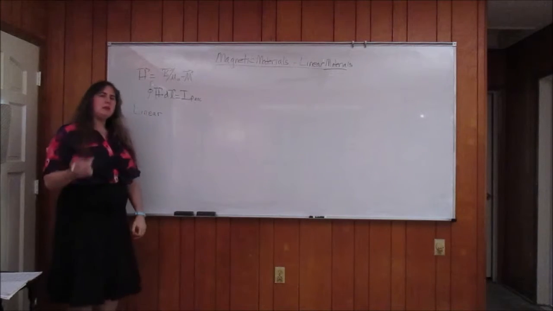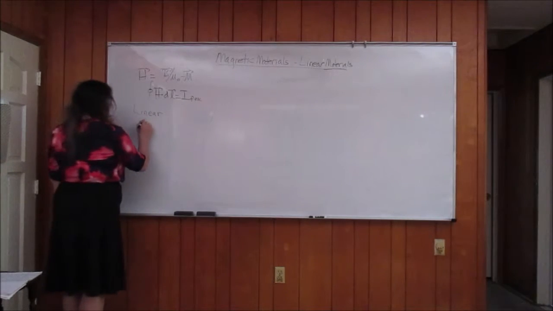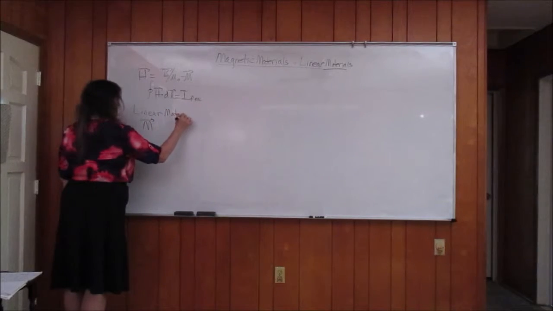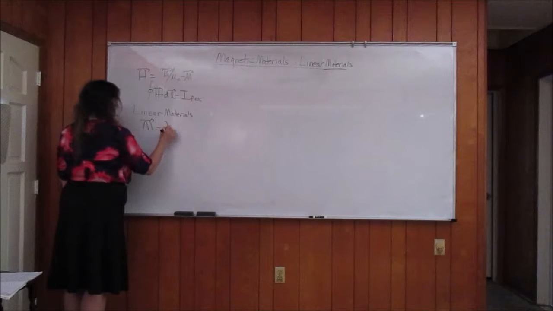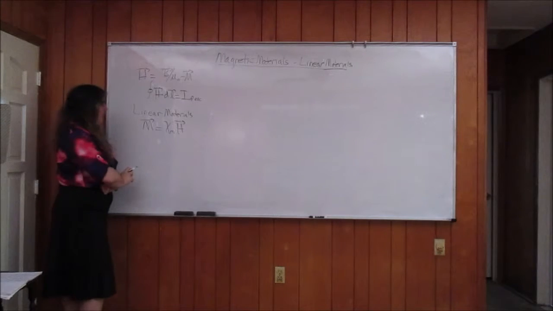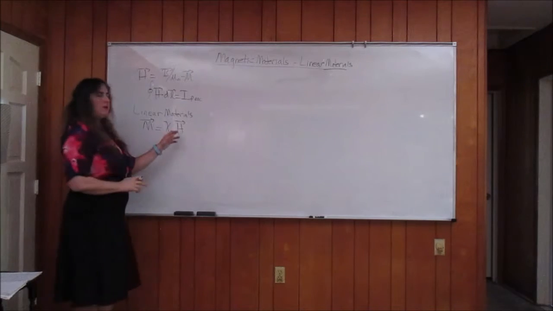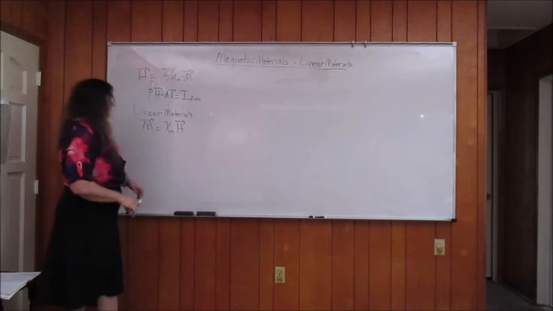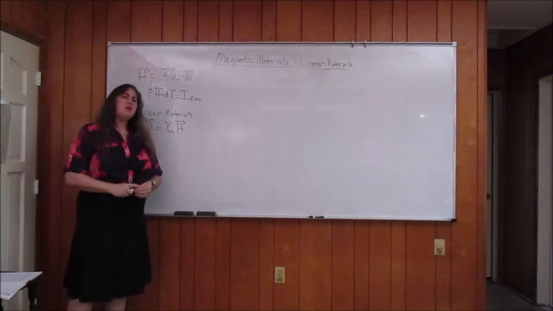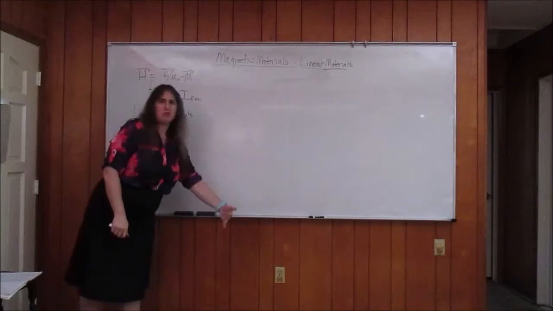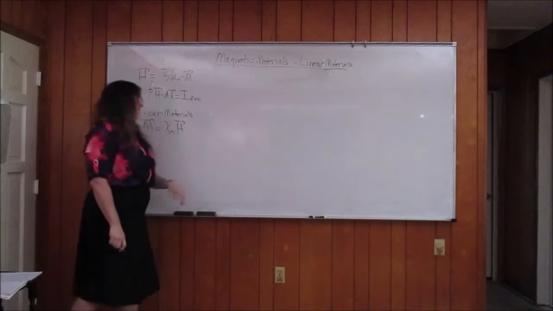What I mean by linear media is that the magnetization is proportional to the H field. And notice I'm defining it with respect to the H field and not in terms of the magnetic field. That is by convention. If you recall back to dielectrics, we defined the polarization as the susceptibility times the electric field. It wasn't in terms of the displacement.